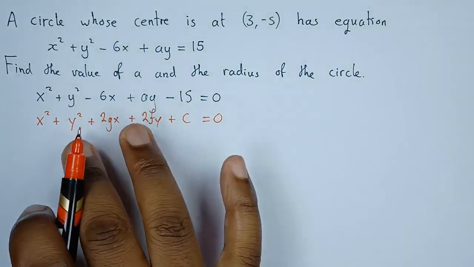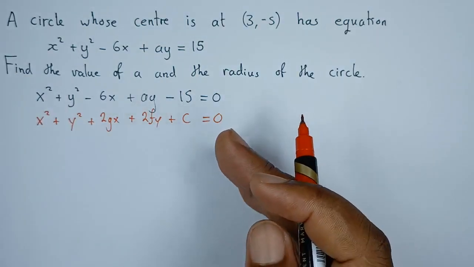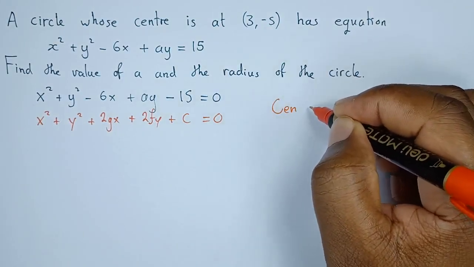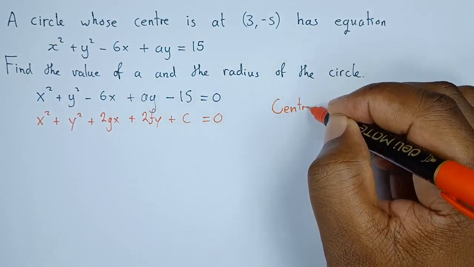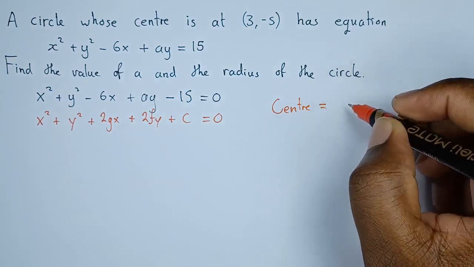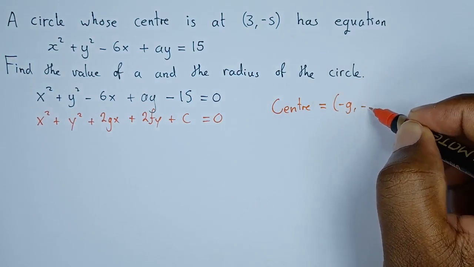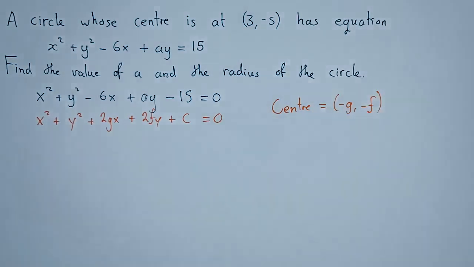So if you have it in this form, then it's important to note that your center is given as negative g, comma, negative f. Okay, so our job in this case is just to find the value of g and f. Then we can proceed and find the center.